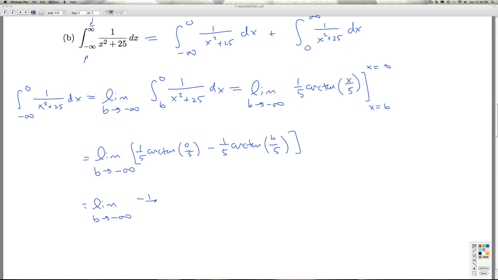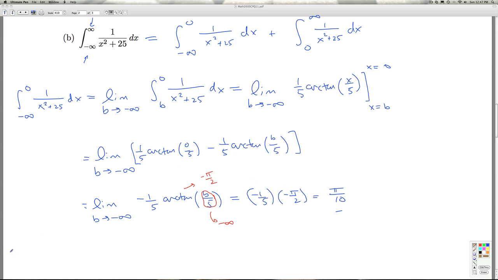I'm just left with negative 1/5 arctangent of b over 5. Now, as b goes to negative infinity, the b over 5 goes to negative infinity, which means the arctangent of that goes to negative pi over 2. So this integral converges to negative 1/5 times negative pi over 2, which is pi over 10.